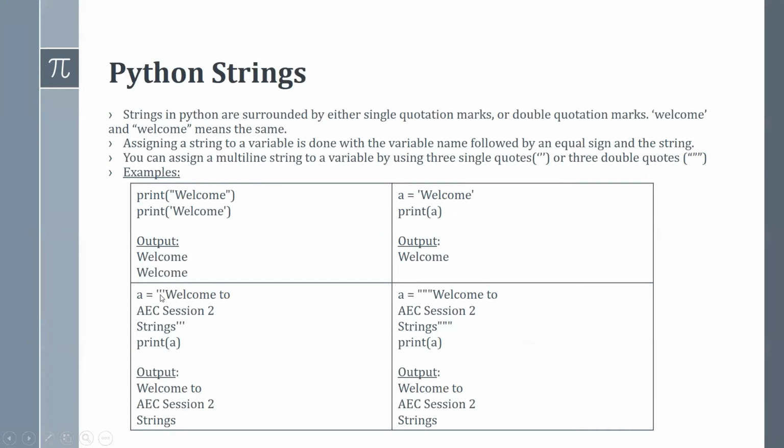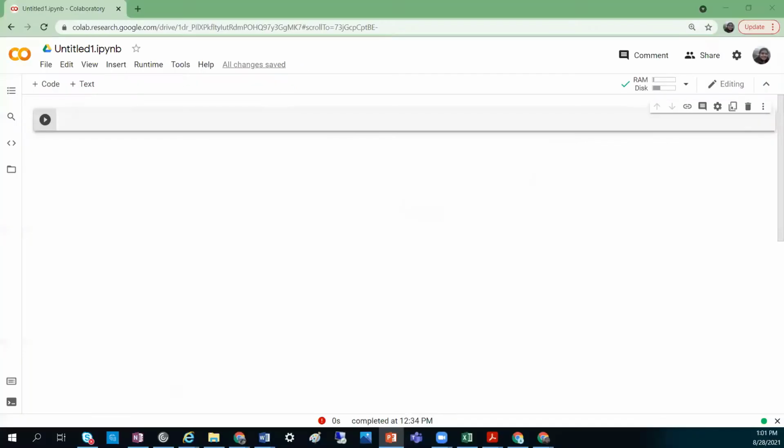You start similar to comments: for multi-line strings, you start with 3 quotes, then you end it with 3 quotes. So now the system knows the whole thing, 'Welcome to AEC' in one line and 'strings' in the next line, is together a string. This is how you define a multi-line string. Let's see an example of how to do that.